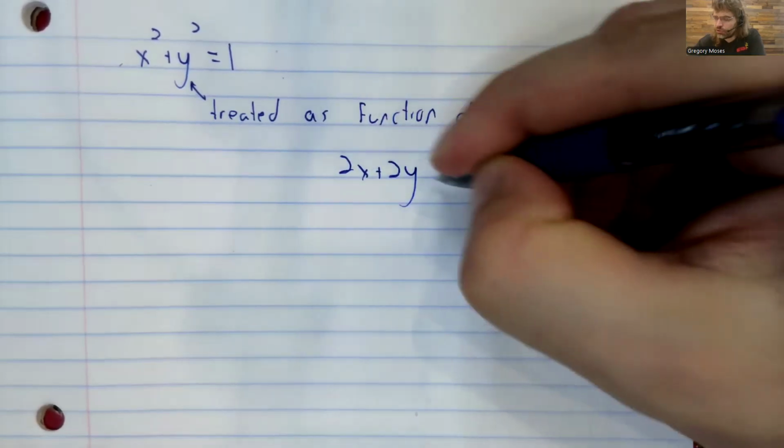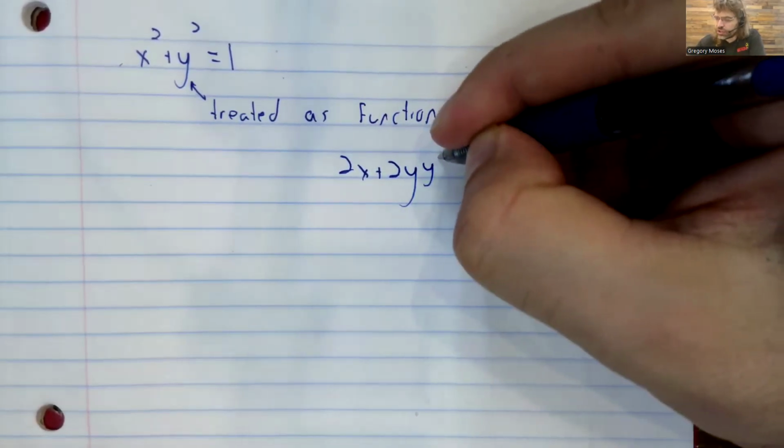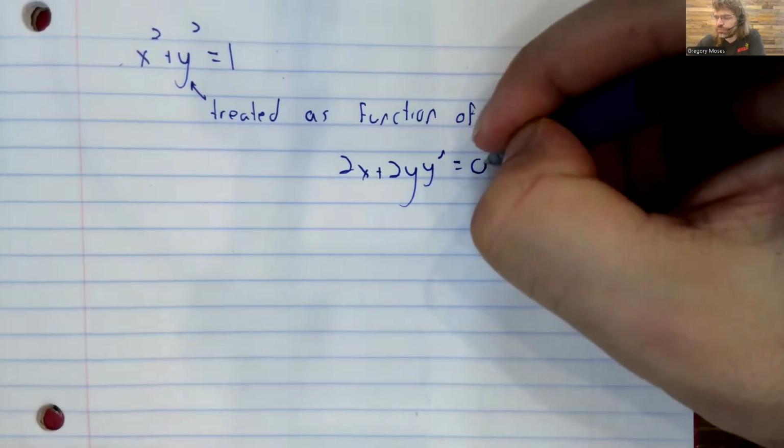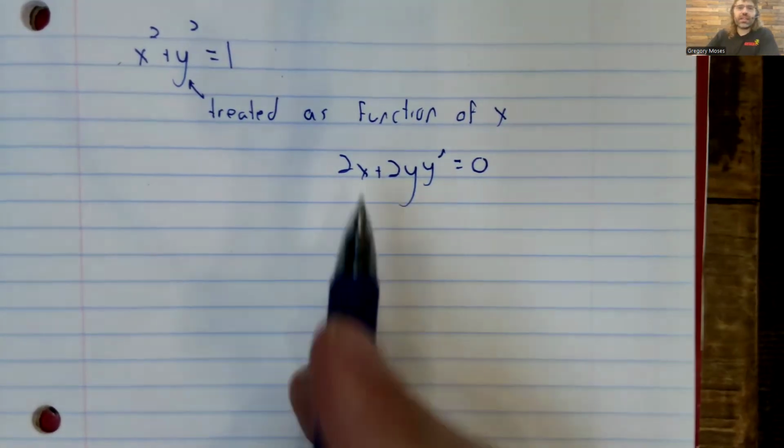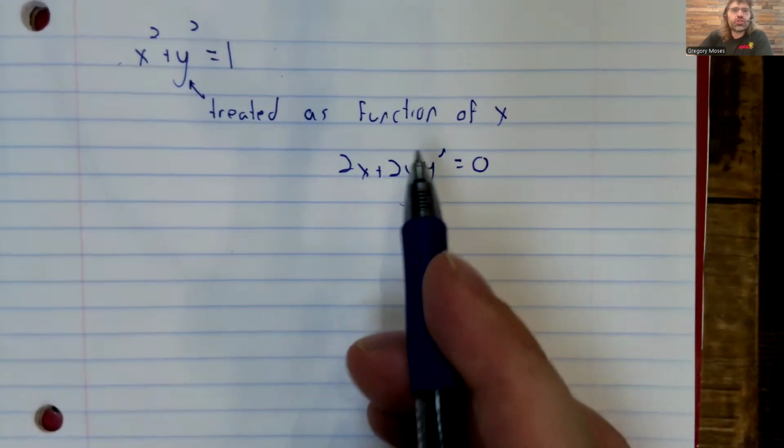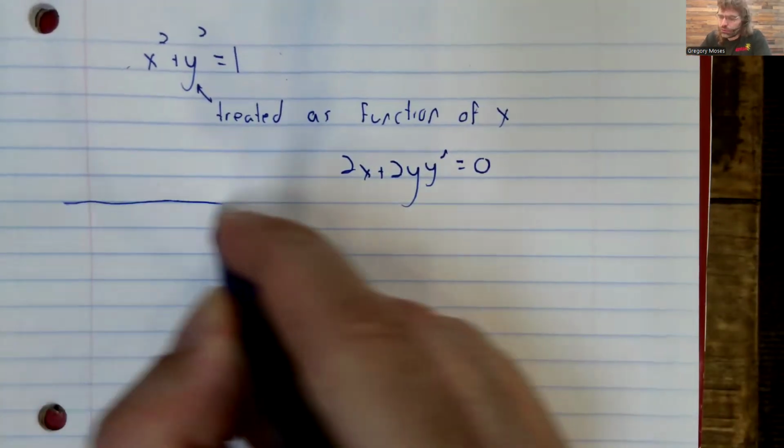And because we treated y as a function of x, when we differentiated, we needed to use the general power rule. Well, something very similar is going on with this example.